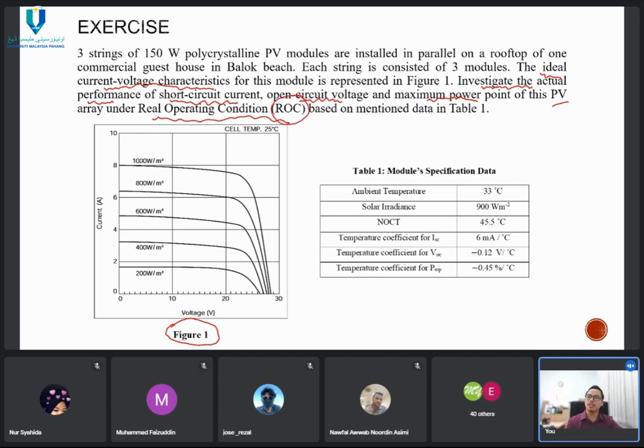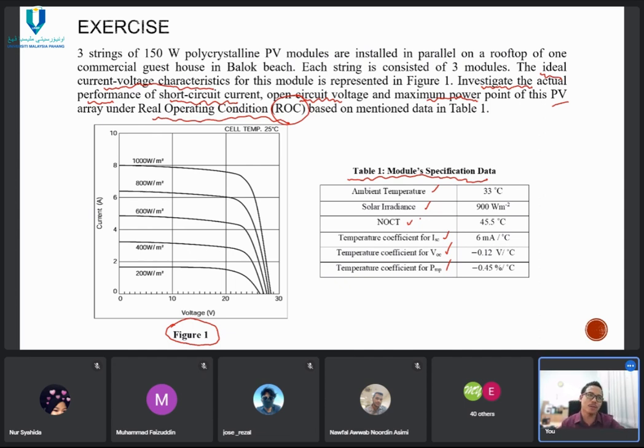ROC I already mentioned is the things that we calculate before, all the corrected values, the temperature coefficient and so on. This is based on the data in table 1. Here is given the ambient temperature, solar irradiance, NOCT, temperature coefficient for ISC, temperature coefficient of VOC, and temperature coefficient of PMP. It is the simplest one because we didn't give you the data sheet.